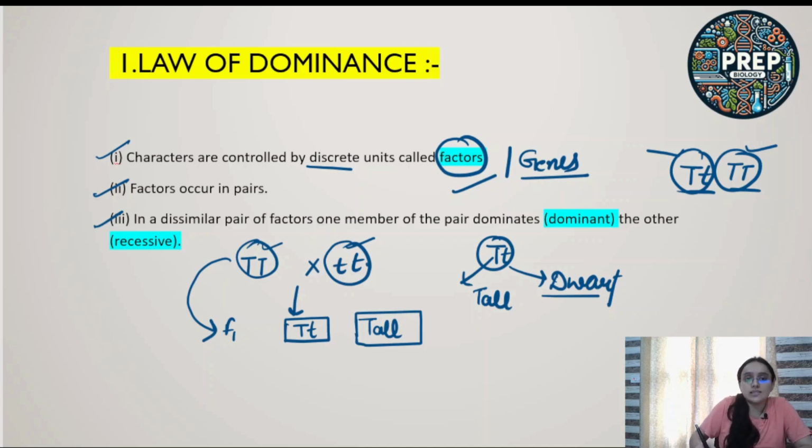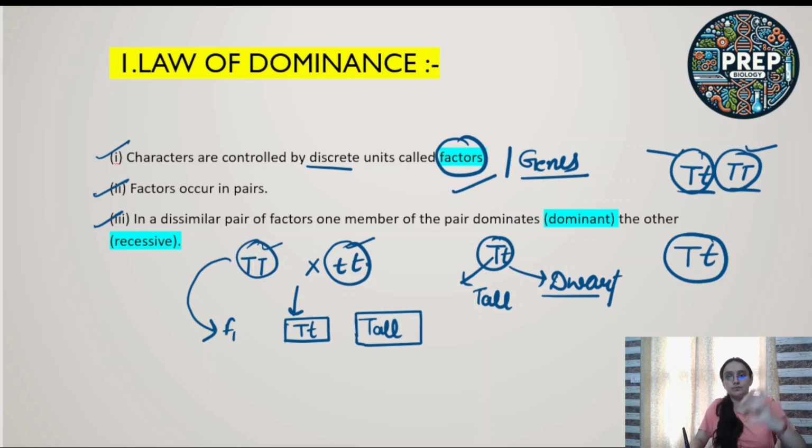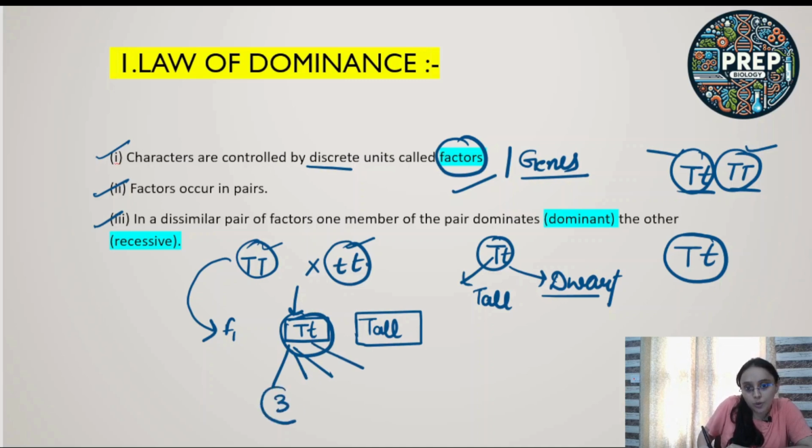The next is, in a dissimilar pair of factors, dissimilar means heterozygous condition, one member of a pair dominates the other. When he self-fertilized the F1 generation, he found that the number of tall plants was 3 times more than the number of dwarf plants.